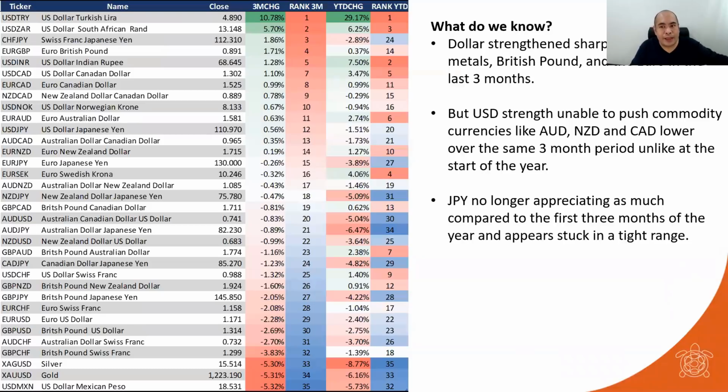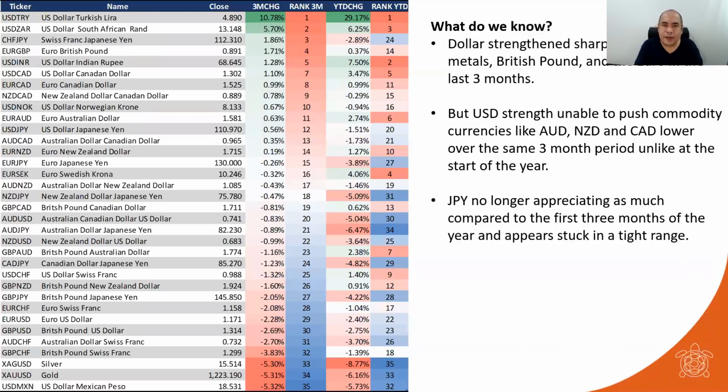So whatever weakness we saw in the Australian dollar pair, the NZDUSD pair, and the USDCAD pairs happened earlier in the year, but they're no longer selling off right now. They're actually range bound if you look at this table here.